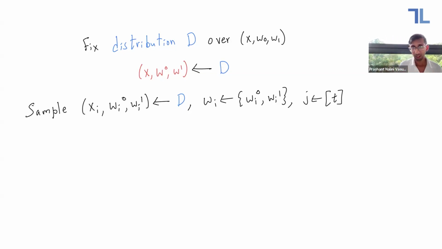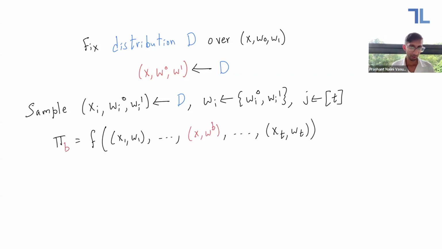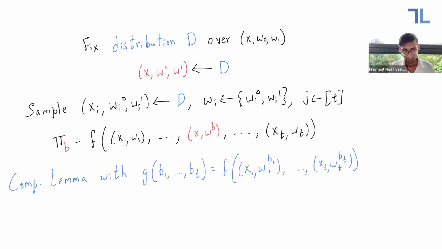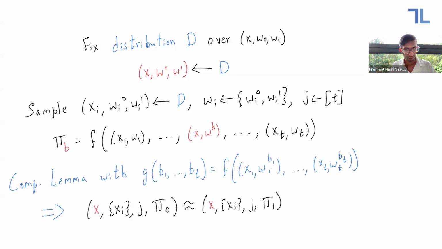Set your xi to be the x and the witness to be one of the two at random. So you do this, and then again you do the same thing as before. You pick your xi's and wi's like this, and you again plant your actual instance at a random location. Right? And again, you define this random variable for the proof string. And you can again use the same definition of the function. You can invoke the lemma that we have, and with some slightly more careful arguments this time, because the verifier's view actually consists of the x's and the xi's as well, right?